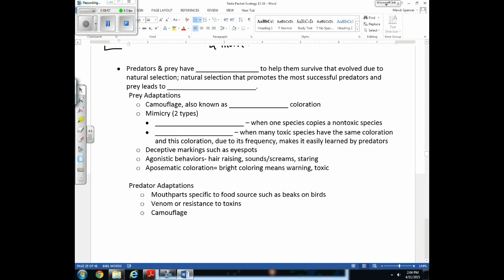Now, predators have adaptations to help them catch their prey, and prey have adaptations to help them keep from being caught. In the evolution unit, we talked about whenever we see the prey population adapt, then you're going to see the predator population adapt as well, and that was coevolution.